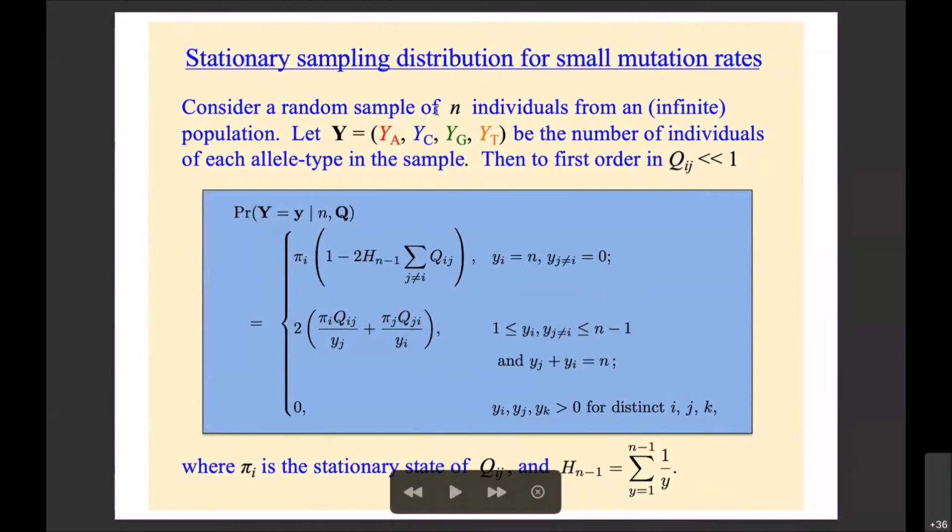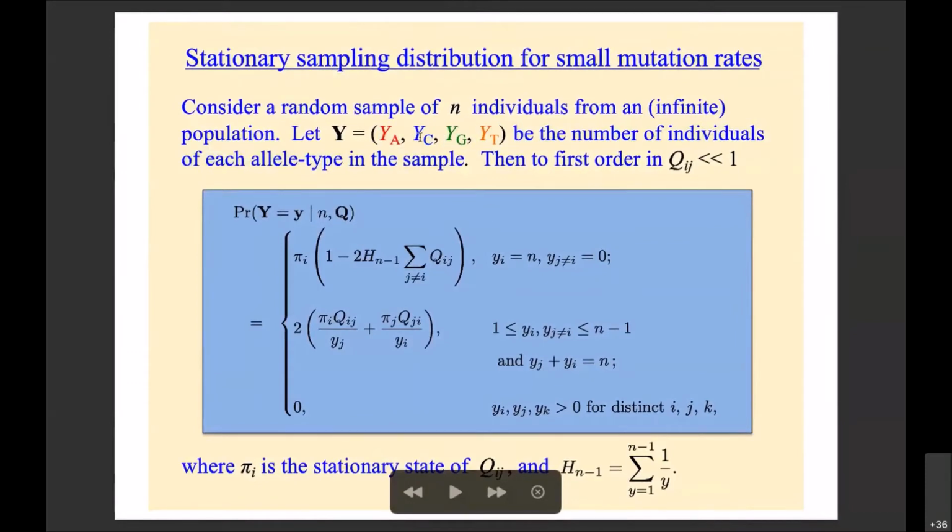But of course, what you do is you go out and you sample a finite number of individuals. So we'll sample maybe 100 individuals from the population. And we look at a particular site in the genome, and you might say at that particular site, how many of the individuals are A's, how many are C's, how many are G's, and how many are T's?